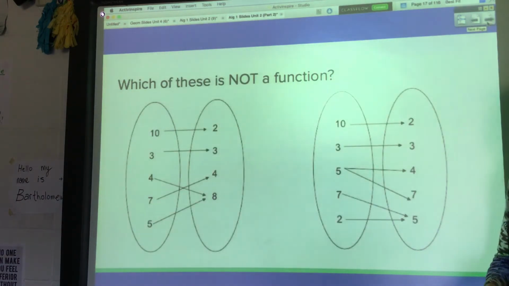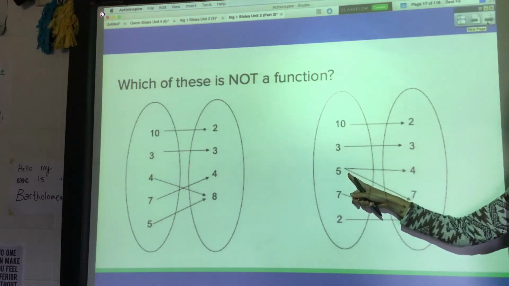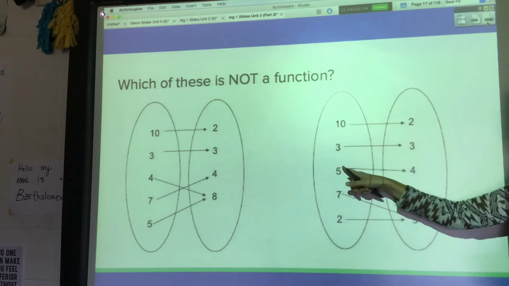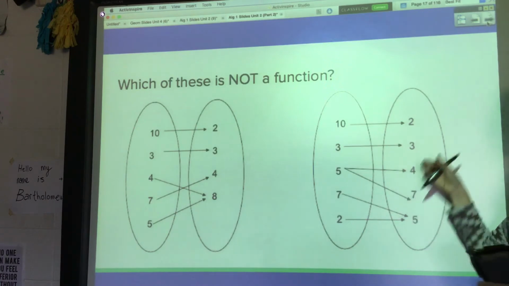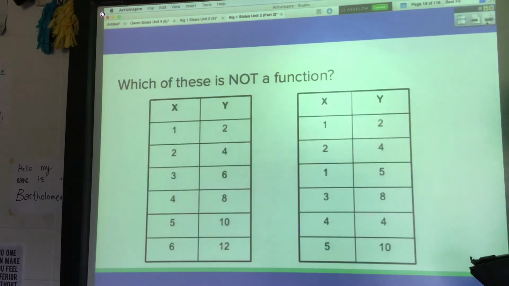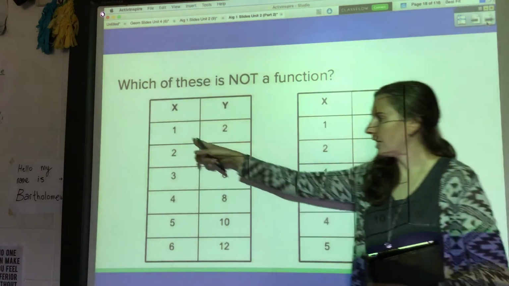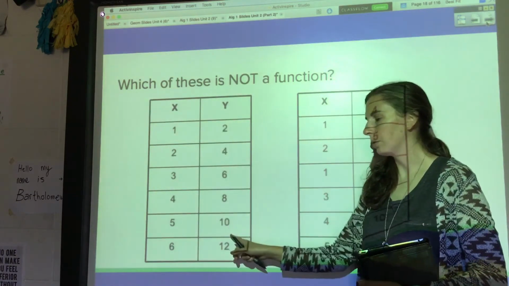Or here's an either or kind of thing. Which of these is not a function? That would be this one. That's because 5 has 2 arrows coming out of it. 5 has 2 outputs. That's not allowed. Which of these is not a function? Instead of kind of a map, we've got tables. Notice on this one, each of these inputs has exactly one output.